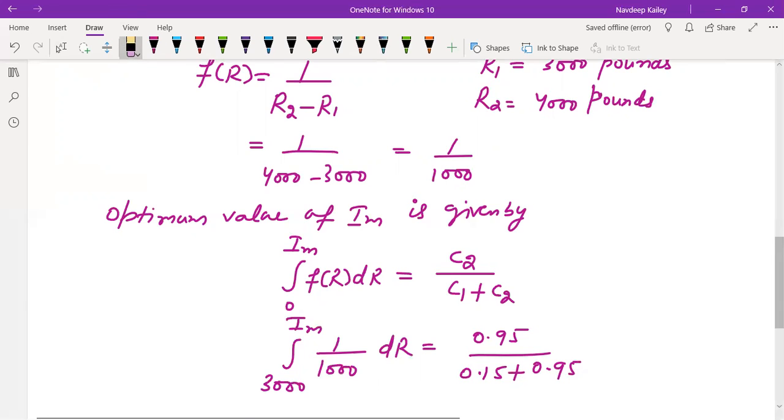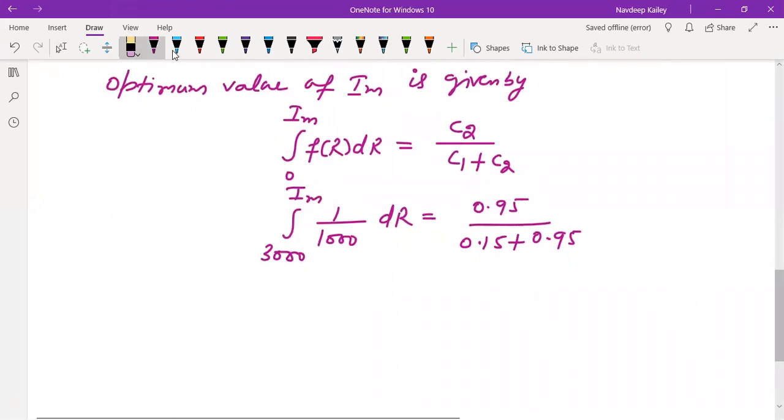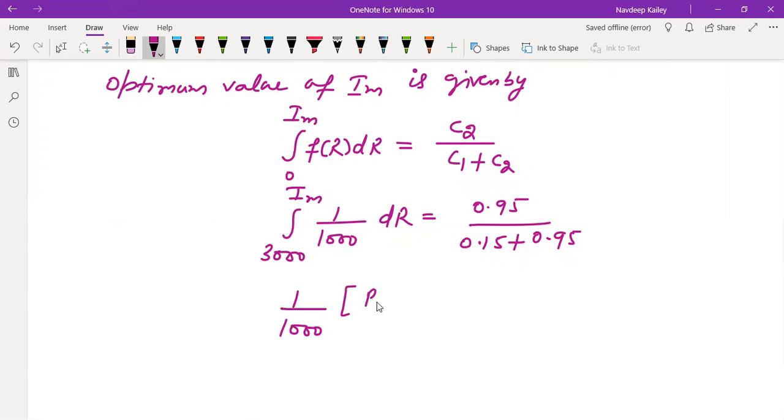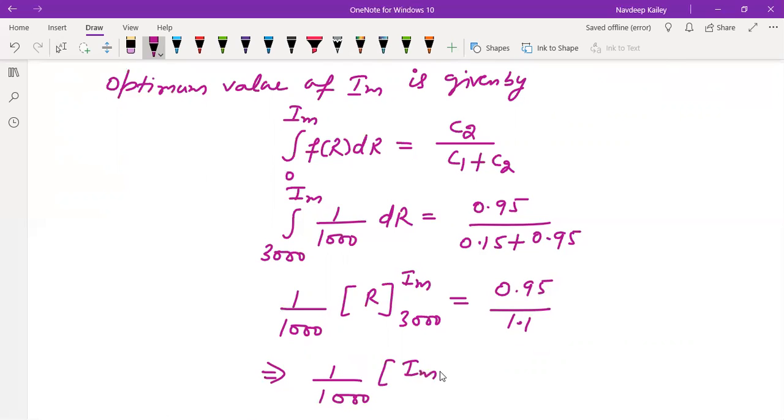After calculation, we get 1 upon 1000 times (Im minus 3000) equals 0.95 upon 1.1, that is, the upper limit minus the lower limit is equal to 0.95 upon 1.1.